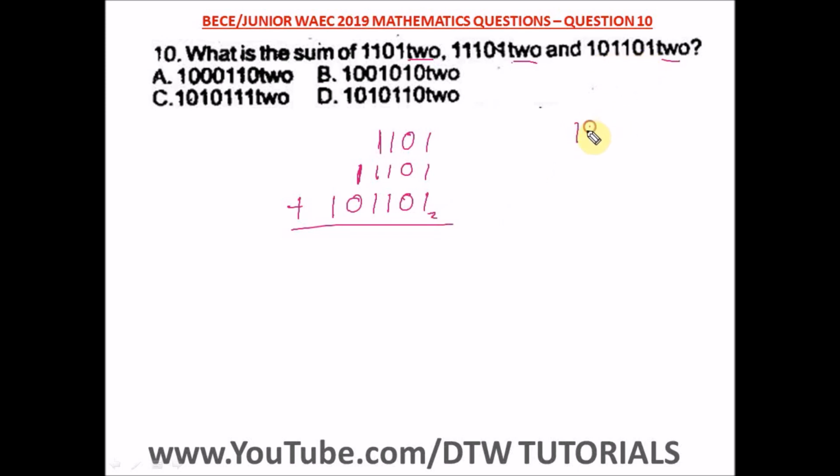So we have 1, 0, 1, 1, 0, 1, and here we have 1, 0, 1, 1, 1, and this we have 1, 0, 1, 1.